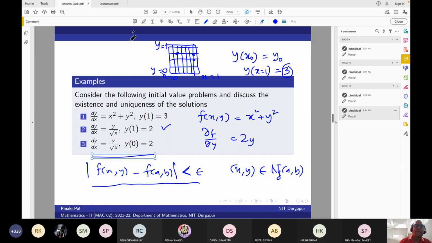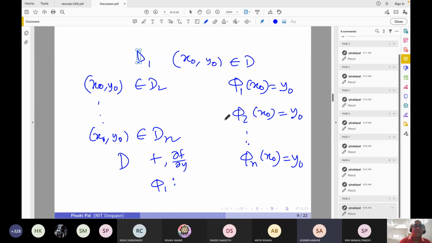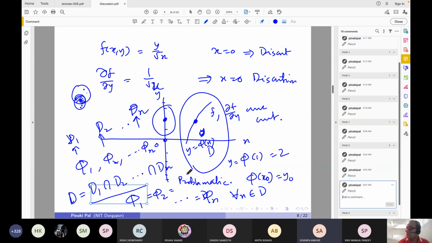Sir, next slide. No sir, where you drew the x and y axis, the previous one. Here you marked that x is equal to 0, so it will be example 3.